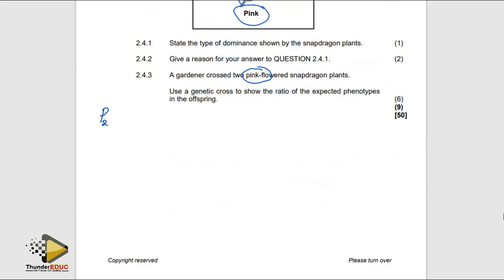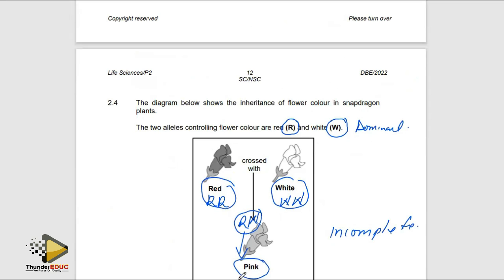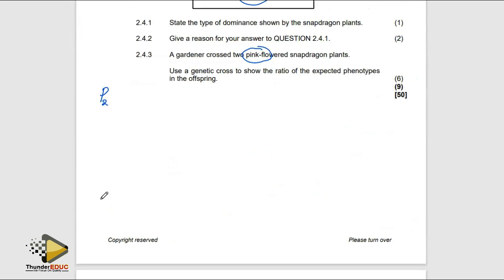P means parent. So P2, parent 2, because we have already parent 1. So pink and pink, that's P2. If it's a second generation, we use P2, and we can say F2, second filial generation.